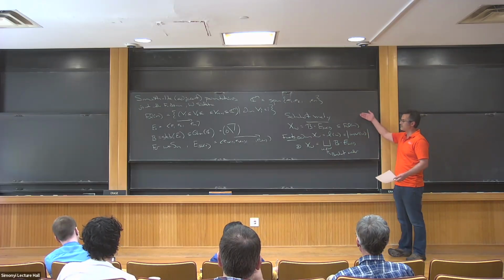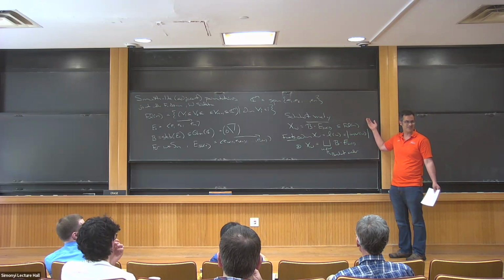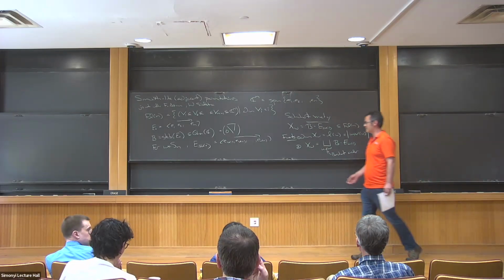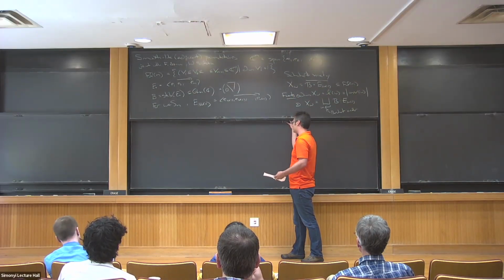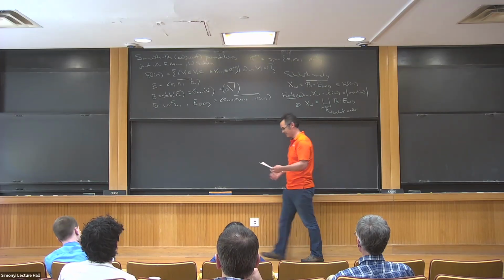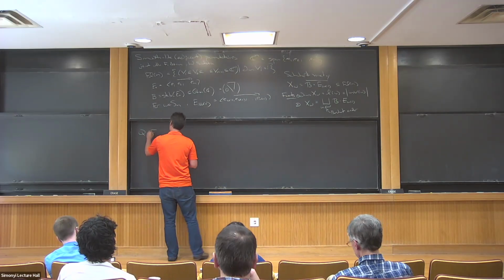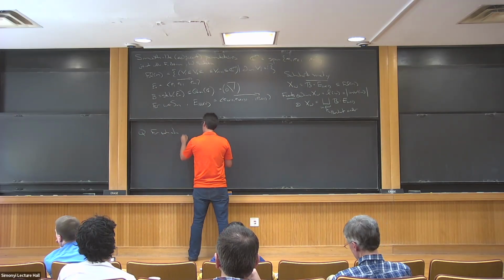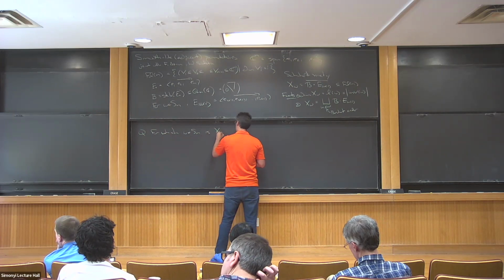I'm sure you have all been talking about Schubert varieties nonstop, so I don't have to convince you that there's a lot of interesting geometry and combinatorics surrounding these varieties. The question I'm going to focus on today, on the second board, is the following: for which permutations is X_w smooth?